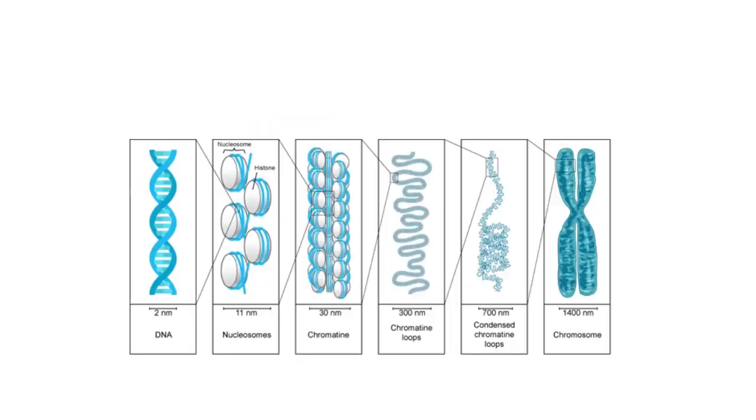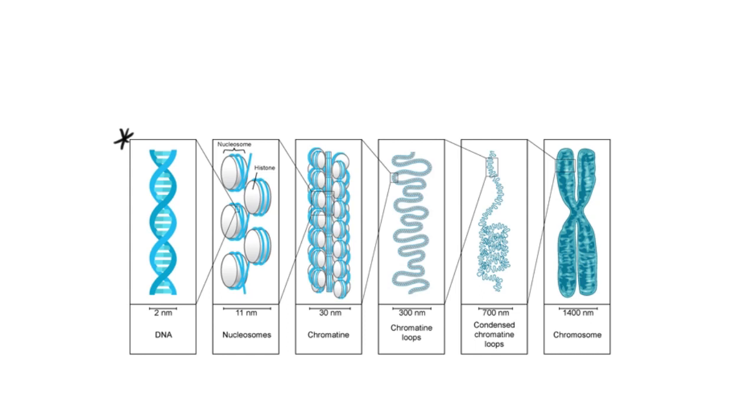In this picture here, we can see the full scale of DNA packaging. We start over here on the left-hand side with just the DNA double helix by itself. Then the next step is going to be what we just drew, and that's where the DNA gets wrapped around those nucleosomes that are made up of histones.